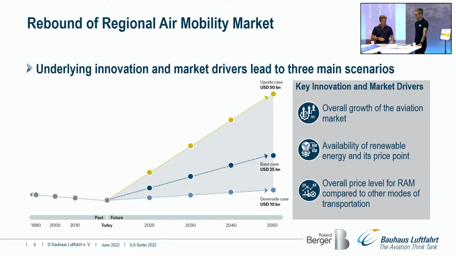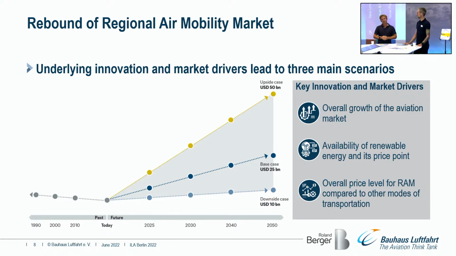Then we have the downside case, which we predict with a market potential of roughly 10 billion US dollar, which is based on the assumption that the energy prices will increase substantially, especially for green energy, that the regulator will decide which transport mode will receive green energy, so the green energy will be prioritized to the most efficient transport mode.